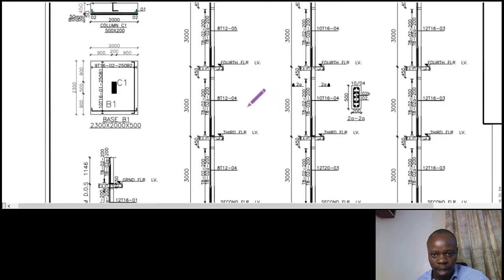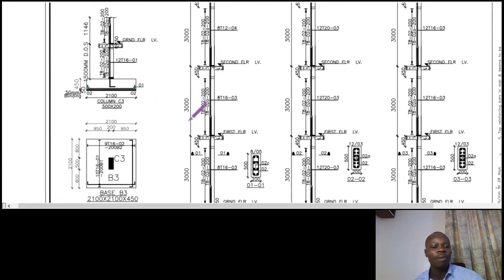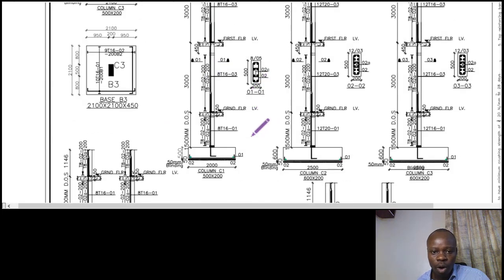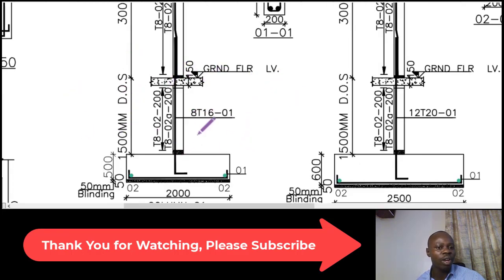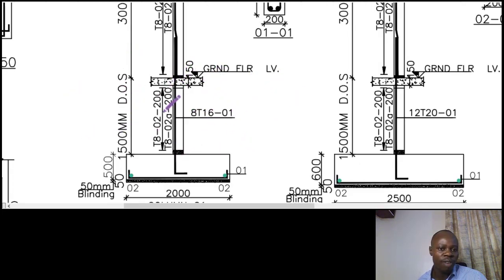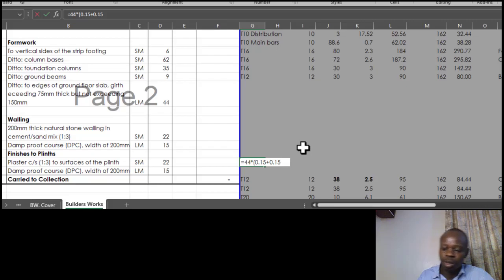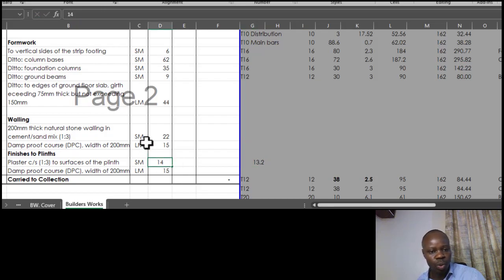You can check it from the strip foundation, and you can see what we have here. This is showing the foundation, the columns and so on, and it's not been provided. So you make an assumption of the dimension you're going to have above the ground level for the plinth. We've taken 0.15, and that gives us an area of 14 square meters.